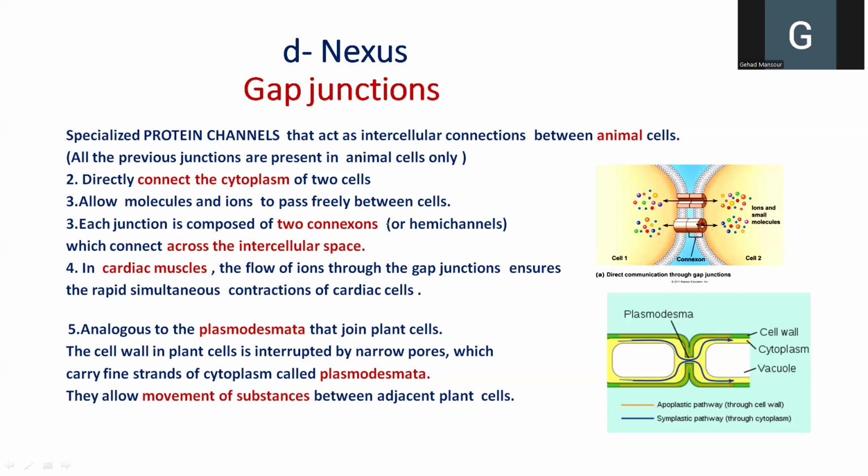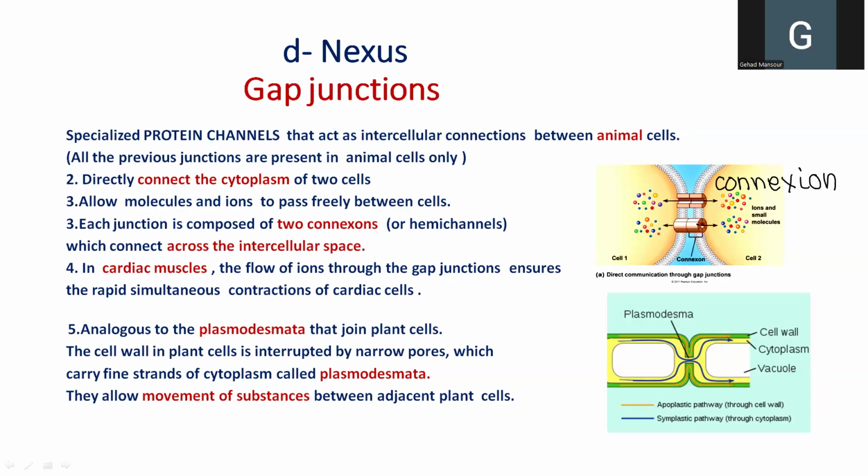And every half cylinder is called a connexon. So the connexon is a half cylinder or half a gap junction. And here they are not there to regulate the passage of ions or to prevent the passage of ions. On the contrary, they are here to facilitate the transfer of ions between the cardiac muscles.